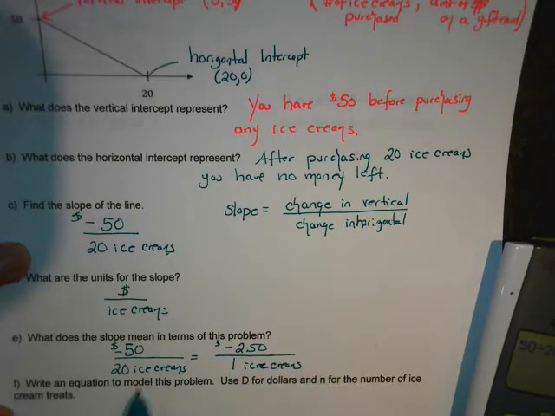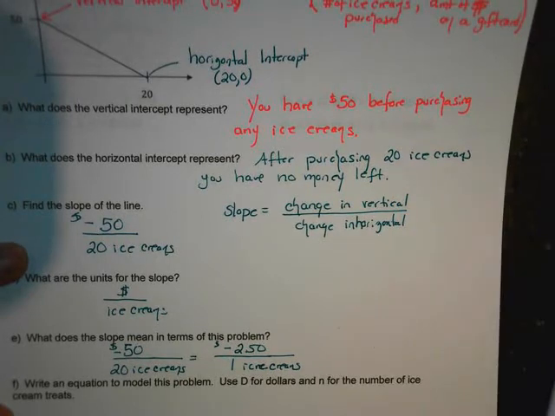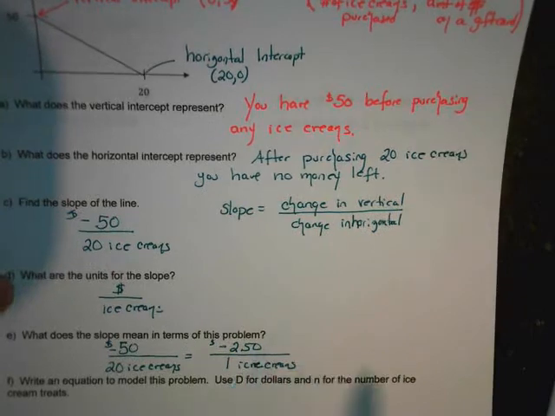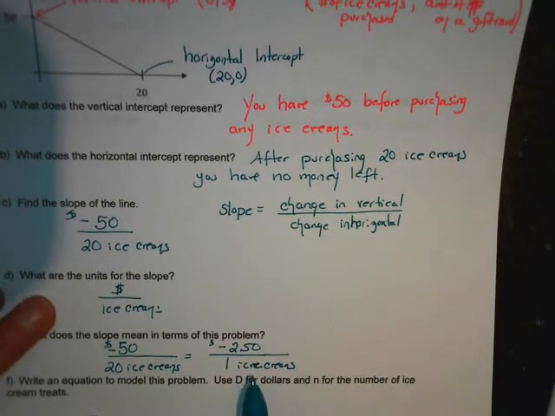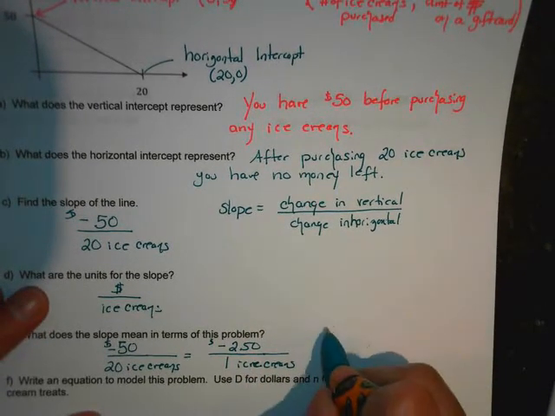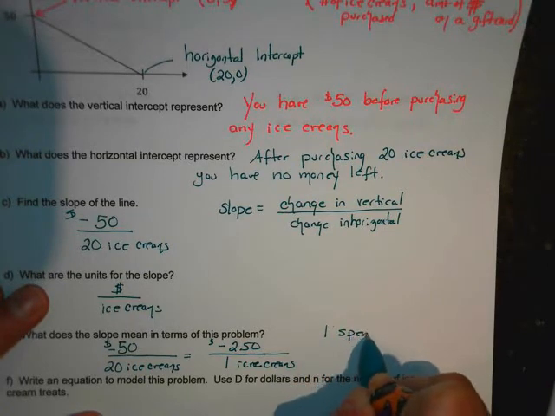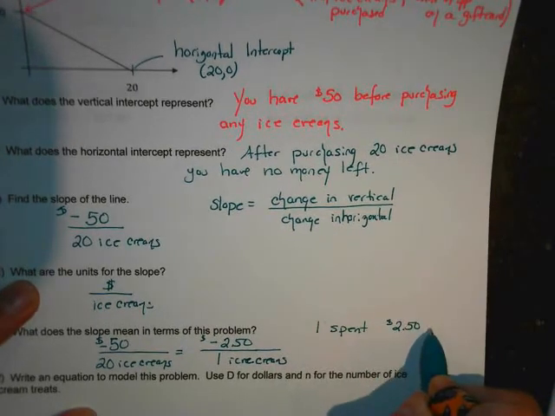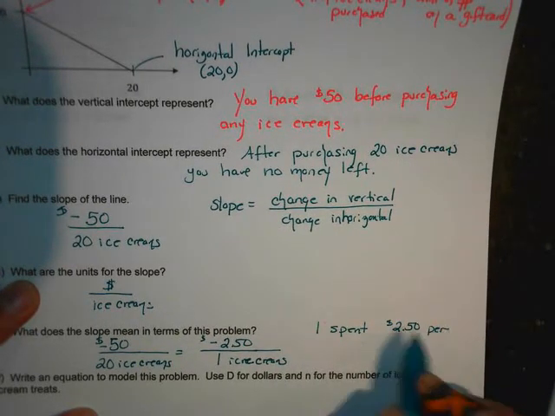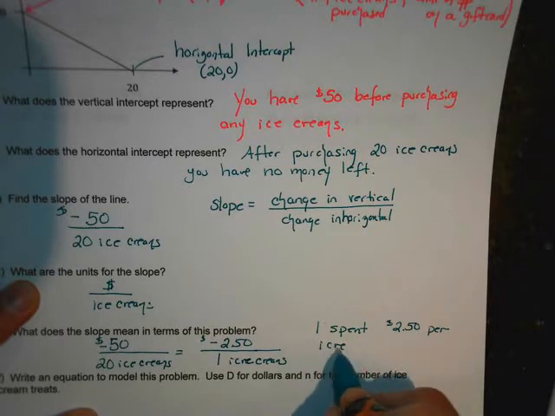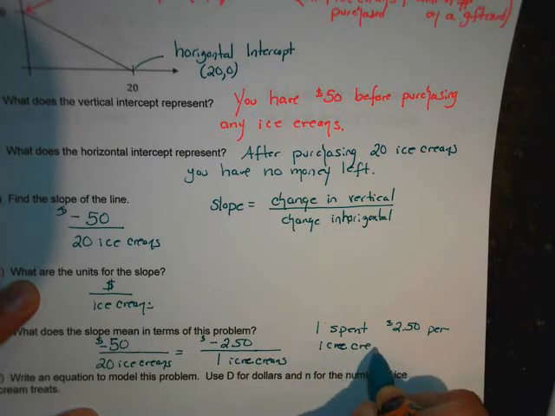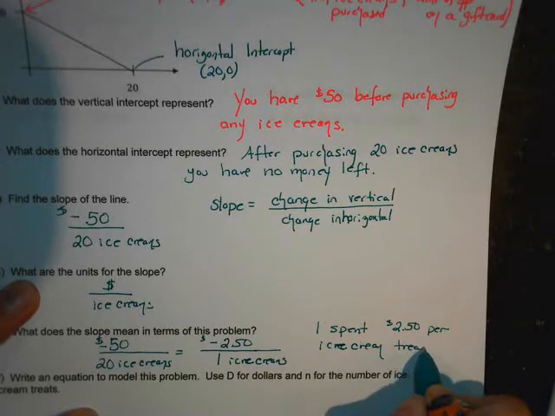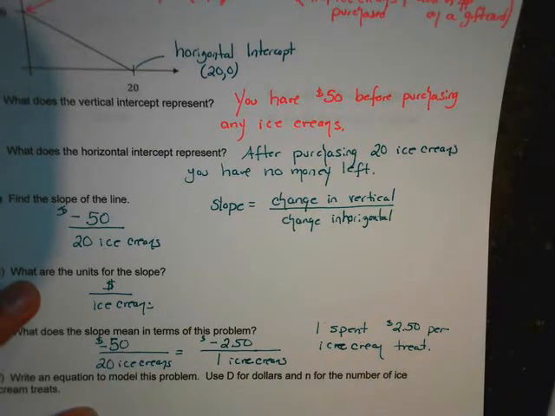It doesn't matter. It's the same. I don't care how you write it. I usually like writing it this way. I say, okay, I spent $2.50, or I lost $2.50 every time I purchase an ice cream. I spent $2.50 per ice cream cone, per ice cream treat. Or you could say I spent $50 when I purchased 20 ice creams. Doesn't matter, it's up to you.